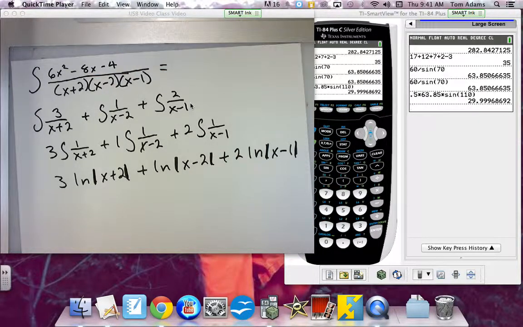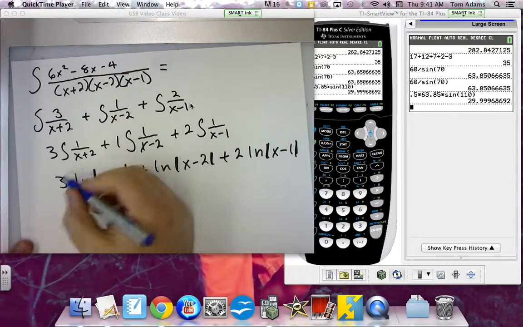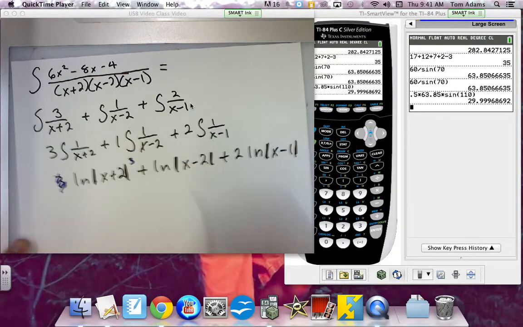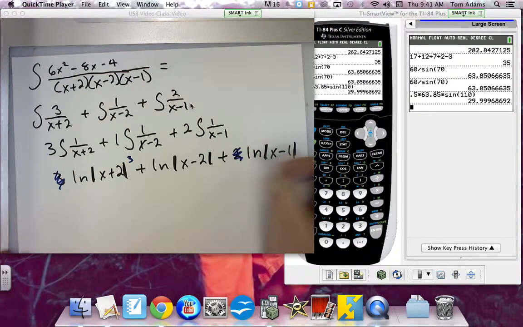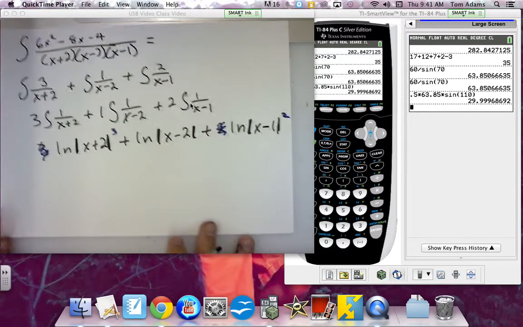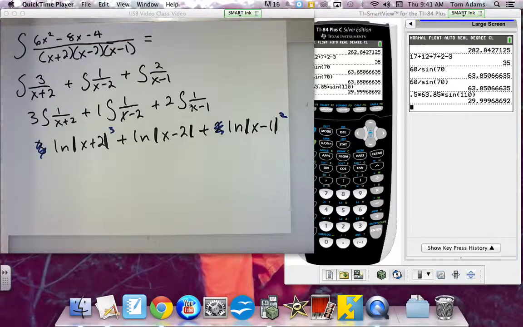Okay? Now, we could clean this up a little bit by using the properties of logs. I could take this coefficient and toss it up here as a power, and take this coefficient and toss it up here as a power. And now I have all the base of natural logs.